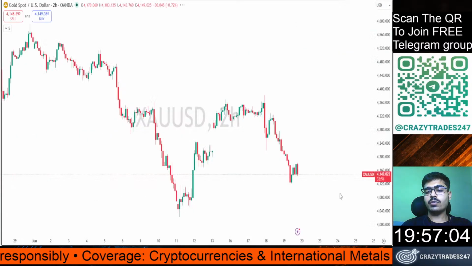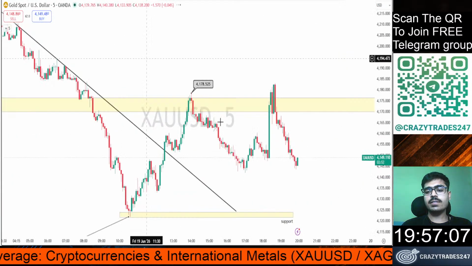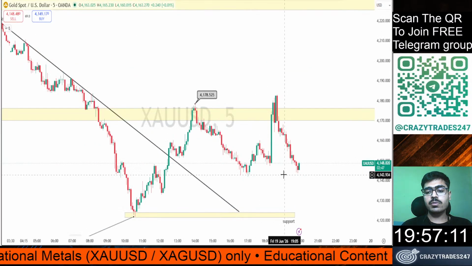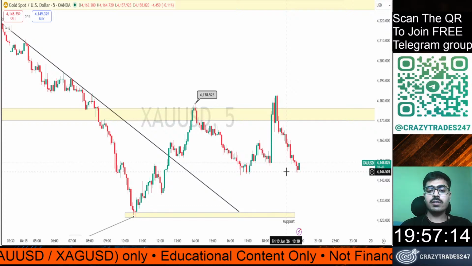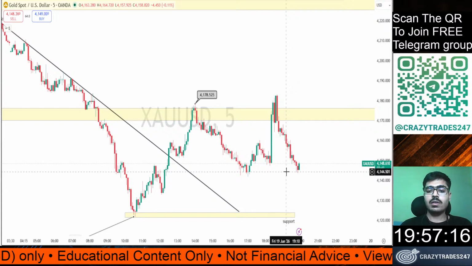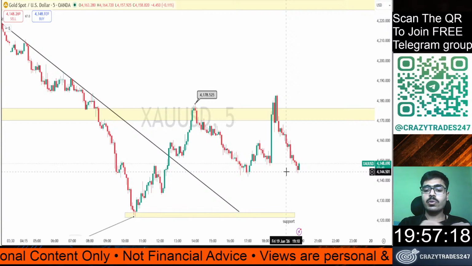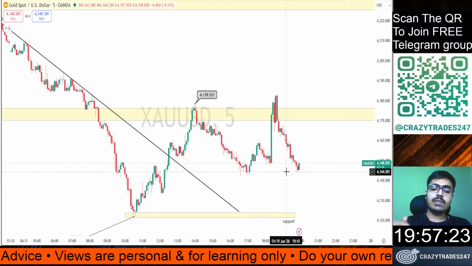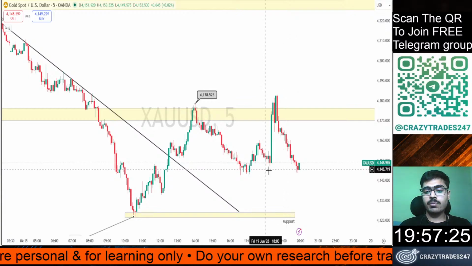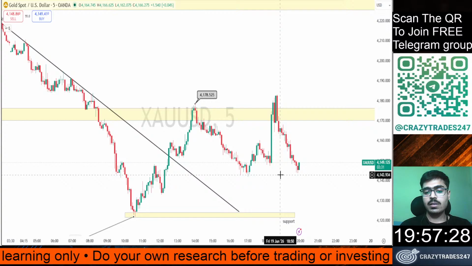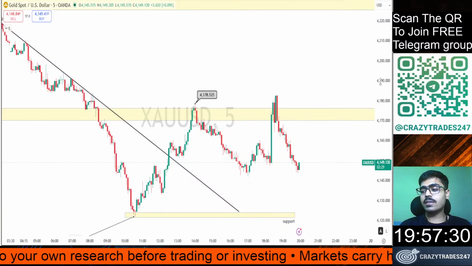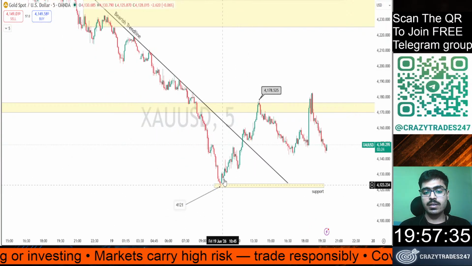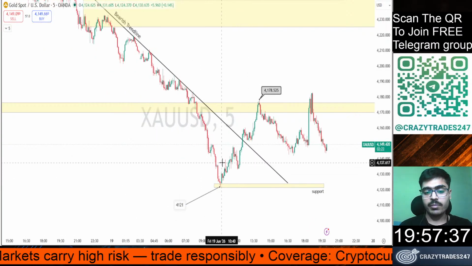Let's look at the chart of gold and silver. They have retraced again. They are trying to bounce back from this new support that they have built, which is above the previous low. This support is placed at a higher level than the major support on this price chart as of now, from the 5-minute time frame.